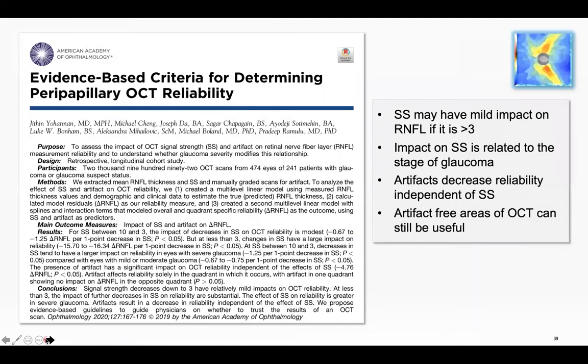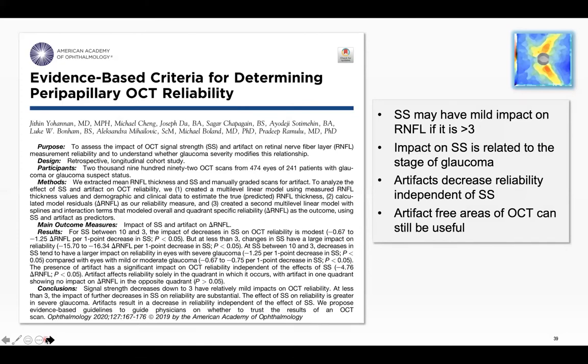In a recent study published in Ophthalmology Journal, this is an interesting study. I just read it while I'm preparing this webinar. Authors showed the importance of signal strength and artifacts in a very large series. Interesting point in this study is although Zeiss recommends using scans with SS higher than 6, in mild to moderate glaucoma, signal strength higher than 3 can still be used unless it's artifact-free.